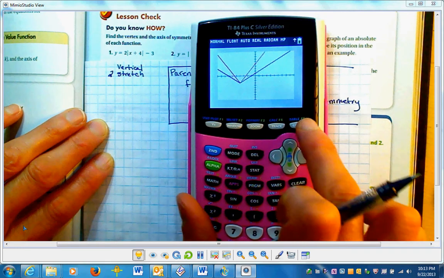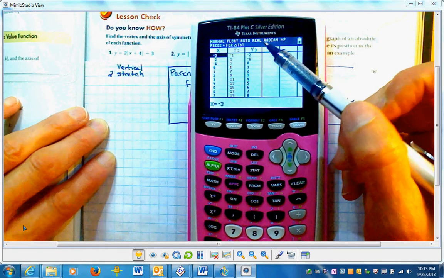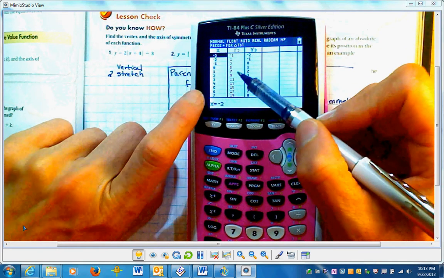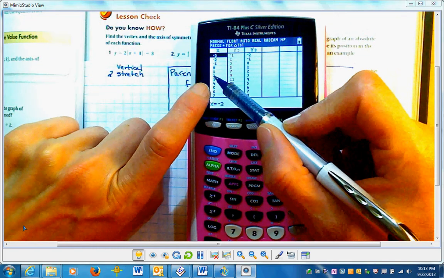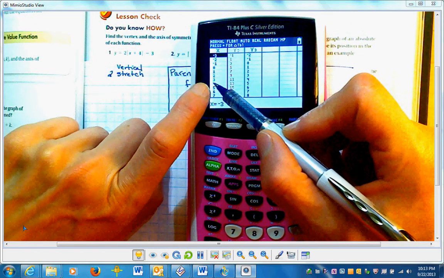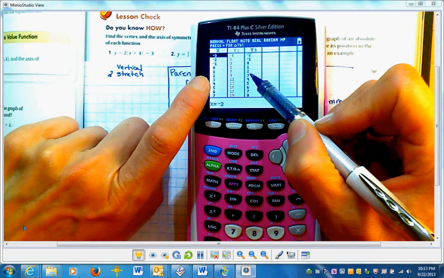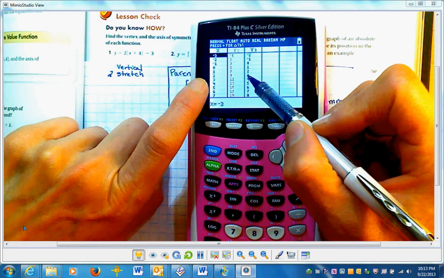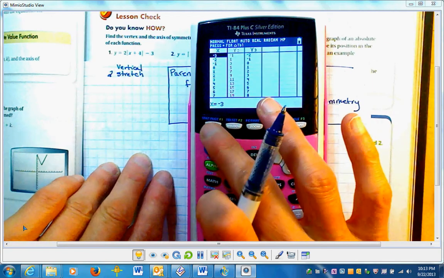So if I go to second table, I'm going to look at my graph, and I'm going to look at my x values and my y values. So we can see here, well, this is hard to see because it's been shifted.